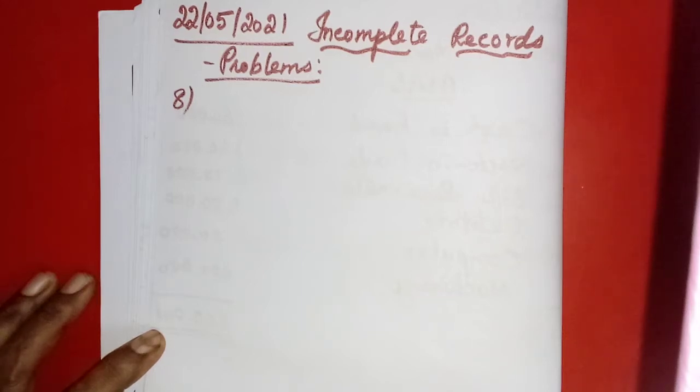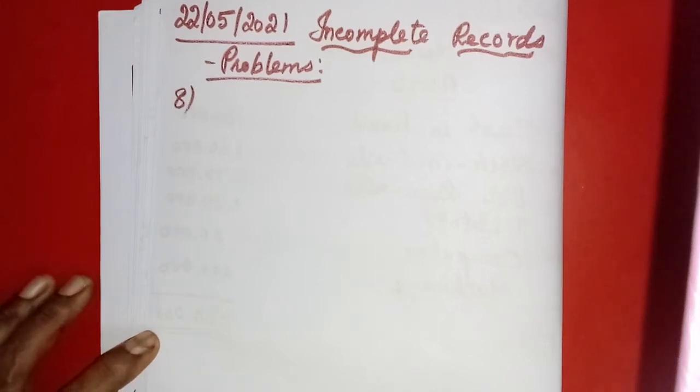The monetary values will be got either from source documents, from their own memory, or from some records in the books of accounts, and that information will be used to prepare the statement of affairs.